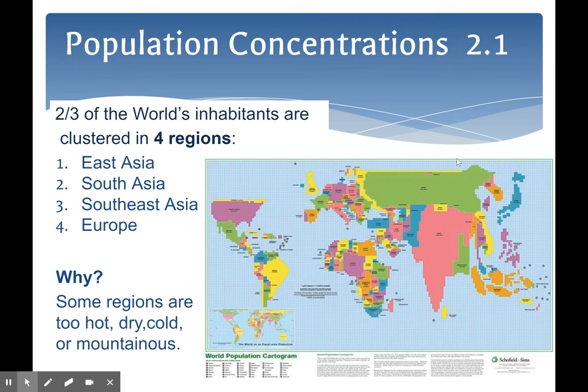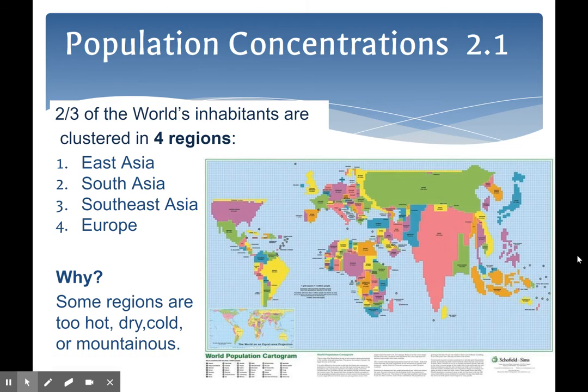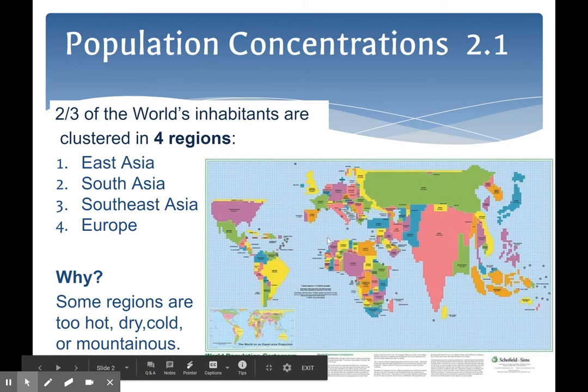Some regions might be too hot, some might be too cold, some might be dry, some might be mountainous, so it's harder to live there. For example, if you look down at the very bottom of the map, you don't see Antarctica at all because nobody lives there besides some scientists. It's too cold, you can't sustain life on there. Same if you look in northern Africa.